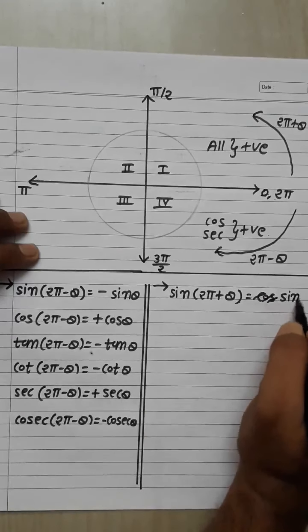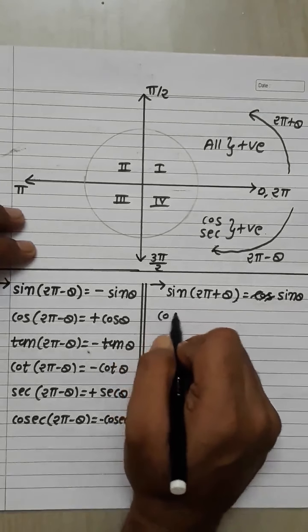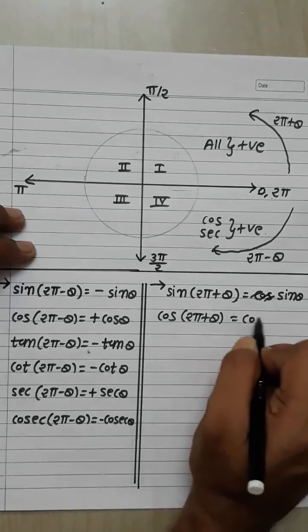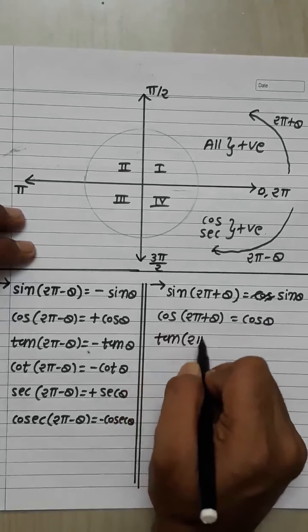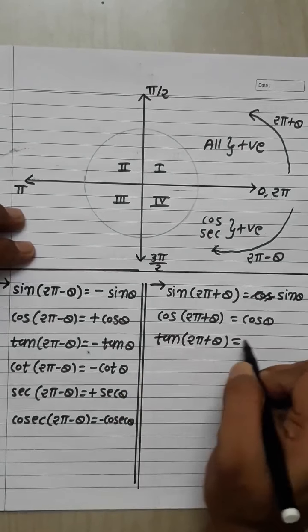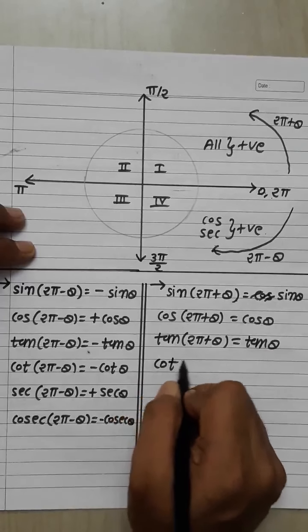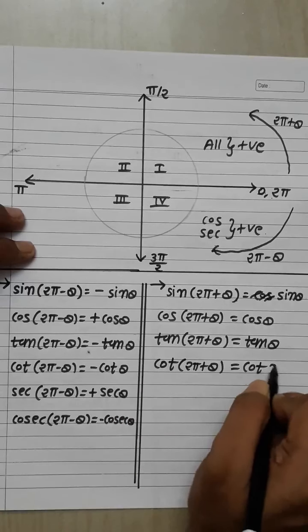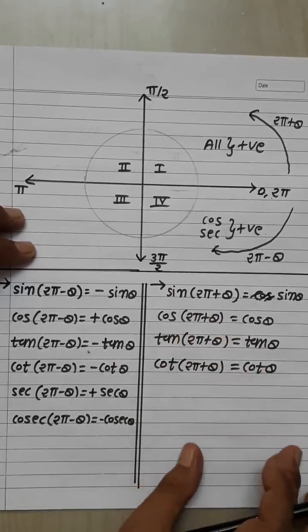So we write sine theta, cos(2 pi plus theta) means cos theta, tan(2 pi plus theta) means tan theta, cot(2 pi plus theta) means cot theta. Similarly sec theta and cosec theta we can write here.